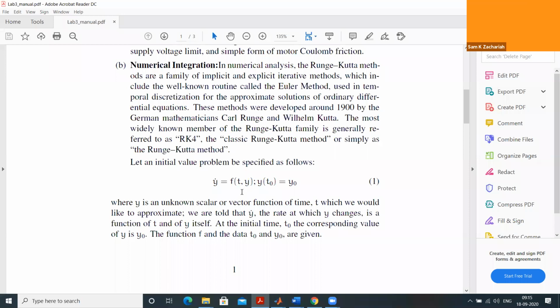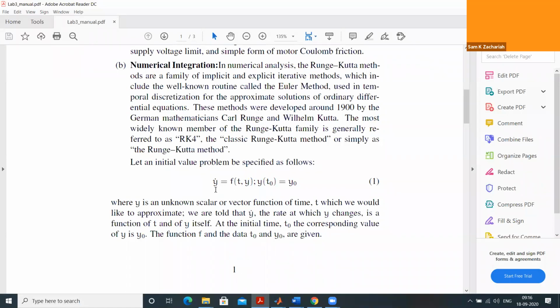If you know the current value of time t and the current value of y, we know the rate of change of y. From that, we have to find out the value of y in the next instant. So the current value of y gives only the slope of y, not directly the next value of y. So it is our job to predict, estimate, or compute the value of y in the next instant, given the value of y at the current time.